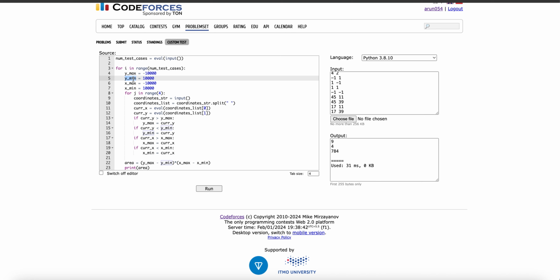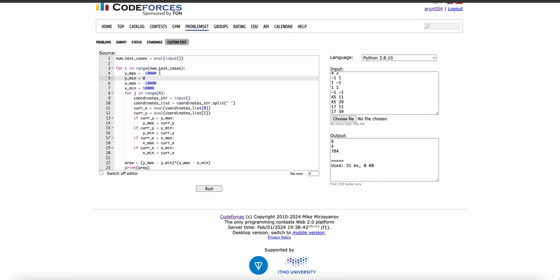So if you take this as 0, you will not be updating this value if all the corners of the square are in the first quadrant, right? Then current y will always be positive, which will always be greater than the y min, which is 0. Hence you will not be updating the y min at all, right?